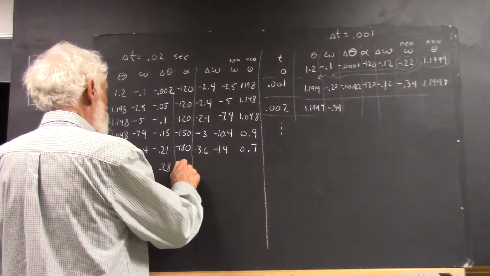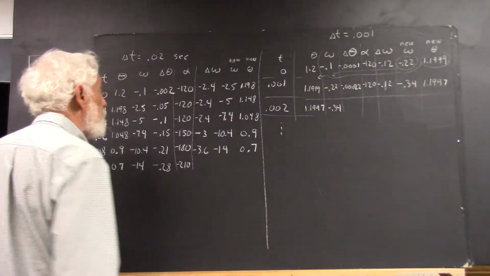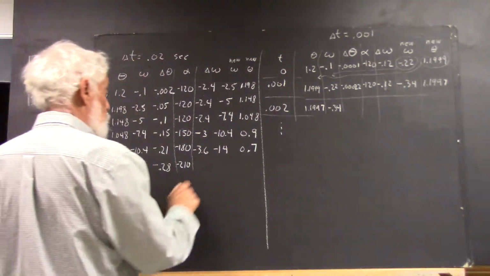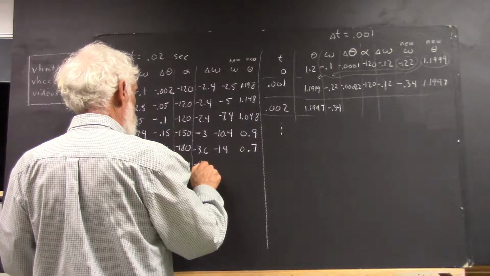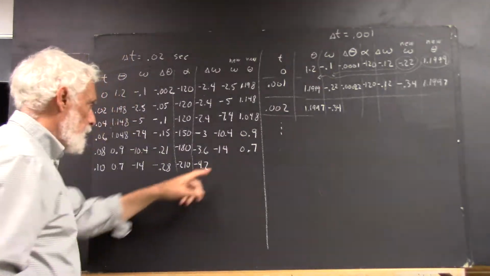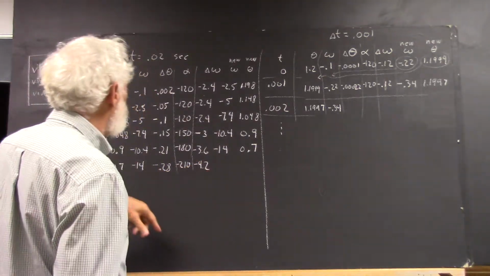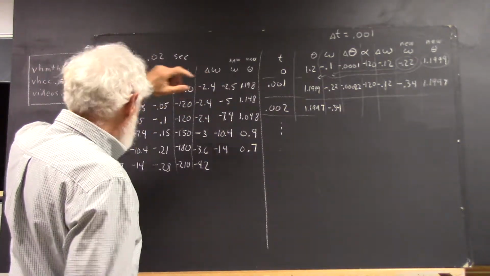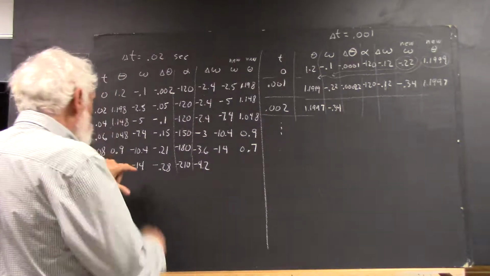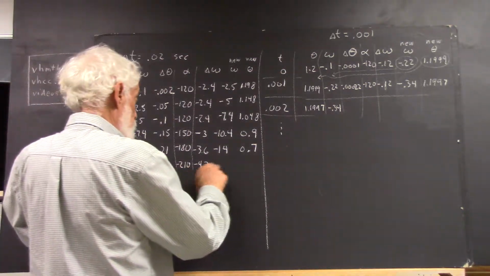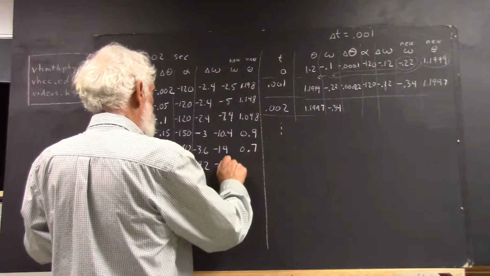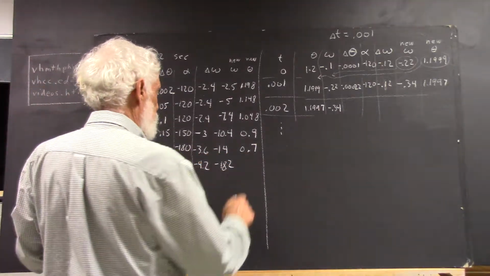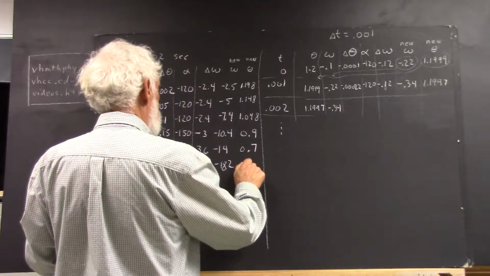So I'm going to say negative 210 for alpha. We multiply that by 0.02 and we get negative 4.2. Here we have negative 14. Our new omega will be this omega plus the change. That's going to be about negative 18.2. Add negative 0.28 to 0.7, we get 0.42.